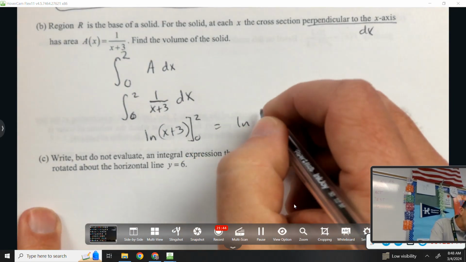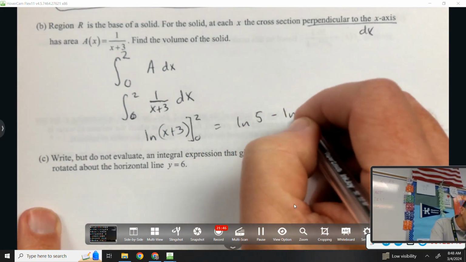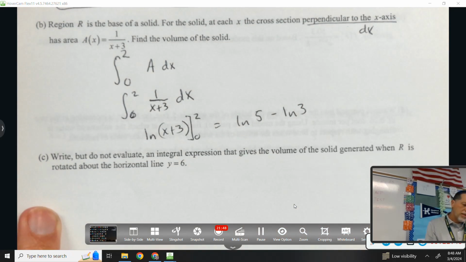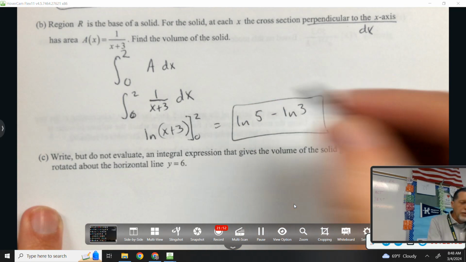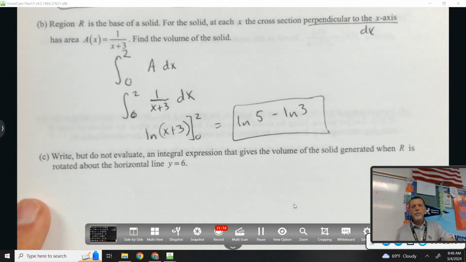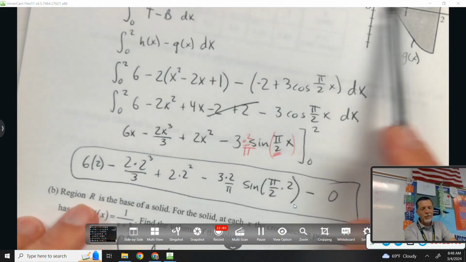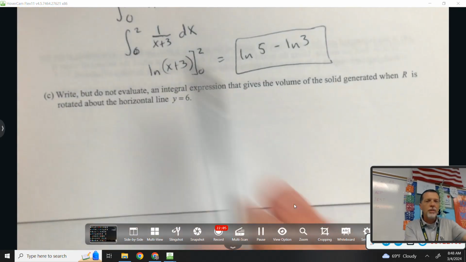So that would be natural log of 5 minus natural log of 3. Which is the natural log of 5/3, but why would we do that? Just leave it alone. So B was tricky in an easy sense. I was worried about the volume with all those weird formulas, but it just told me what the area is.